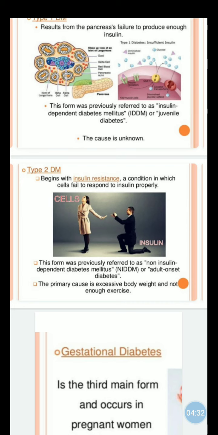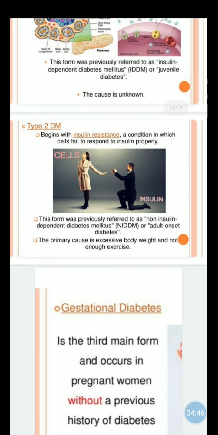Here we can see this diabetes starts with insulin resistance. This type of diabetes is called non-insulin dependent diabetes mellitus, or also called adult onset diabetes.